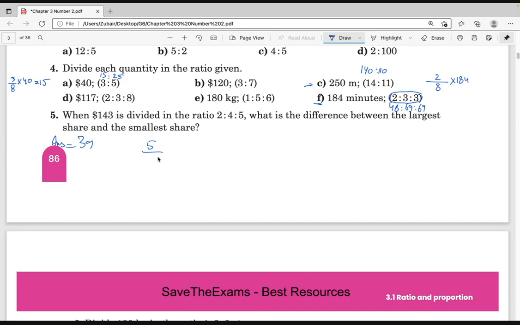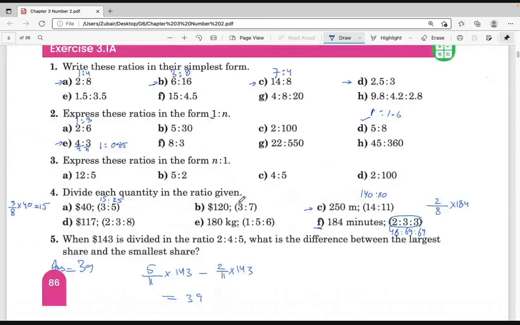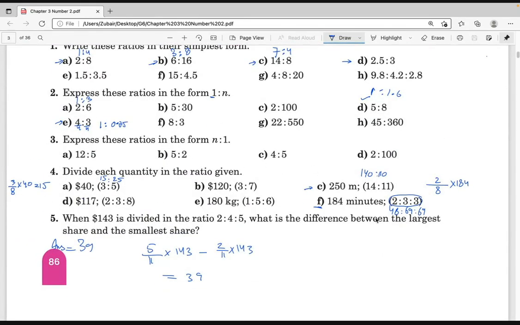Largest is 11 out of 5, 6, 7, 8, 9, 10, 11, 11 times 13 is 143, minus 43. Yes, sir. 39. Yes, sir. I did the same. Sir, why did we take the 5? The difference between largest and smallest.